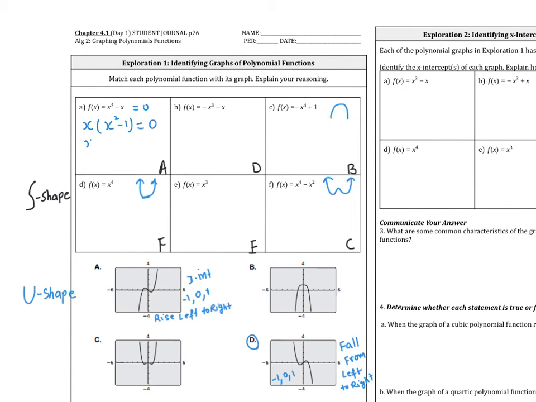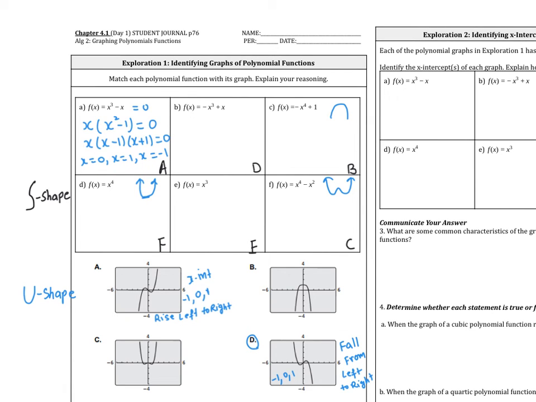And then here you're going to apply the difference of squares formula, which is a squared minus b squared equals a minus b times a plus b. So you're going to put them equal to 0 one by one, and you get x equals 0, x equals 1, and x equals negative 1. And you can see that that's exactly what we got from the graph: negative 1, 0, and 1. X-intercepts, or x values, or zeros.